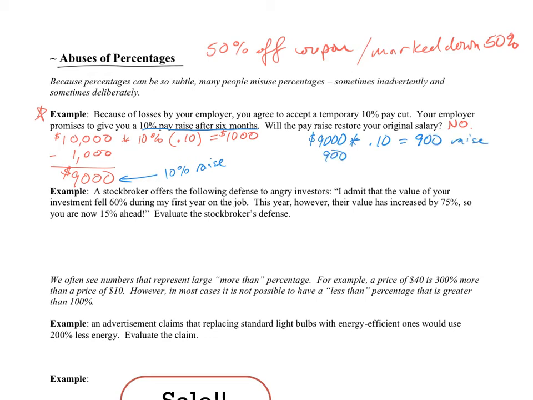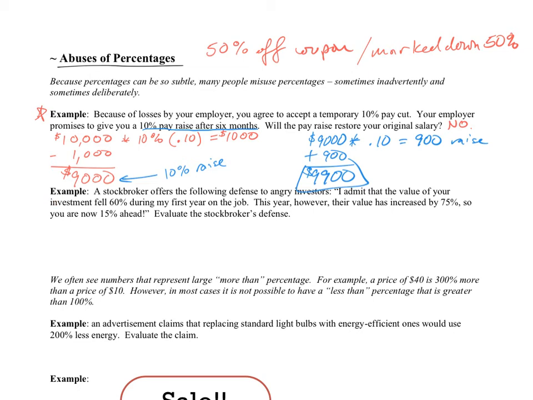So if you add $900 here, you get $9,900 per month. And that is not the 10,000 you started with. So you can see why the answer here is no.